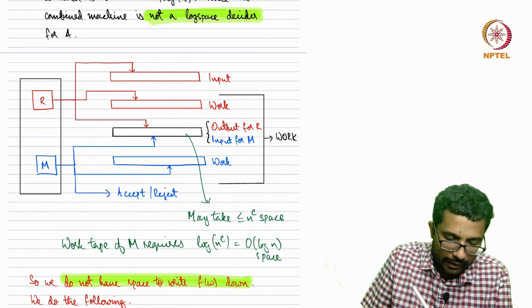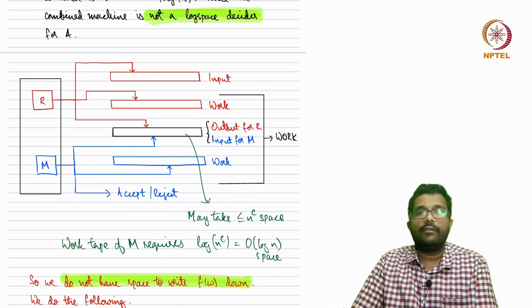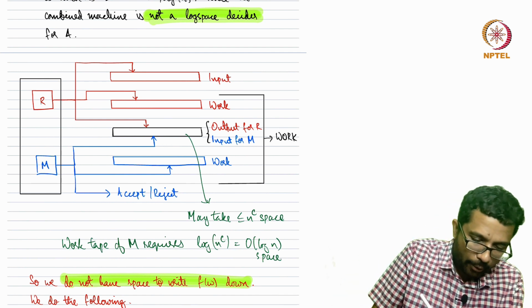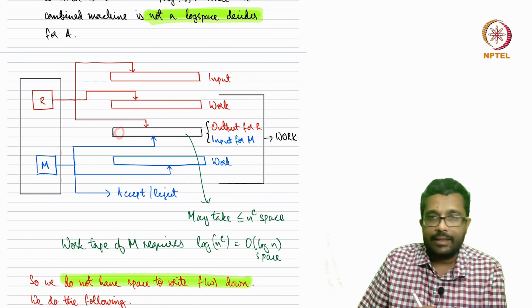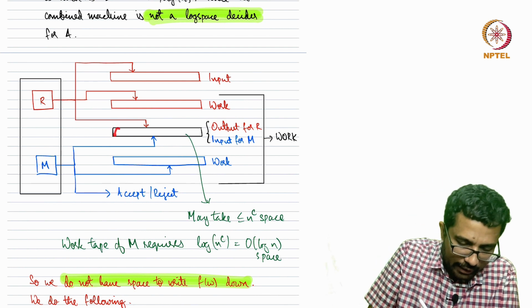Of course it will need to look at the input. Any Turing machine will need to look at the input. Suppose at some point it needs the first symbol.